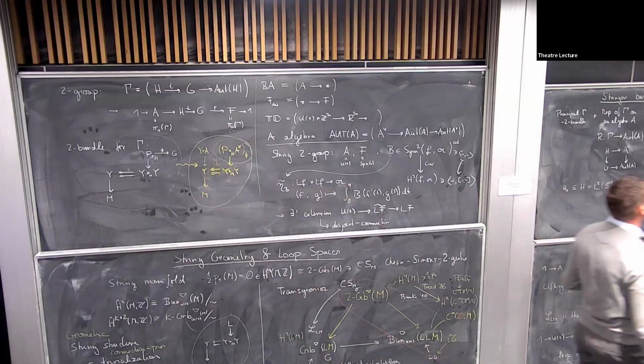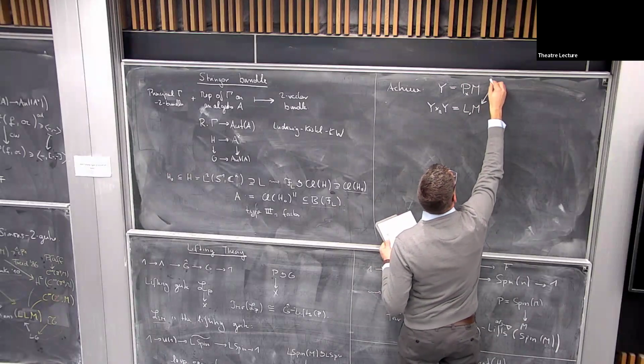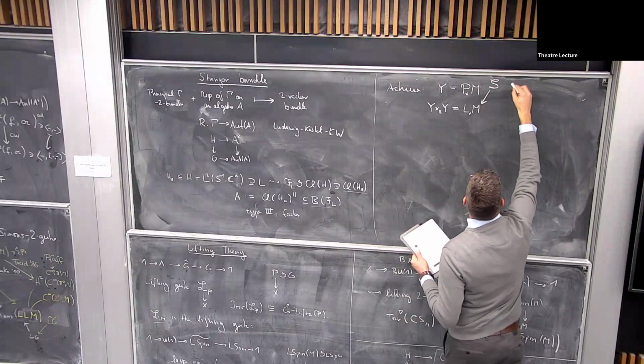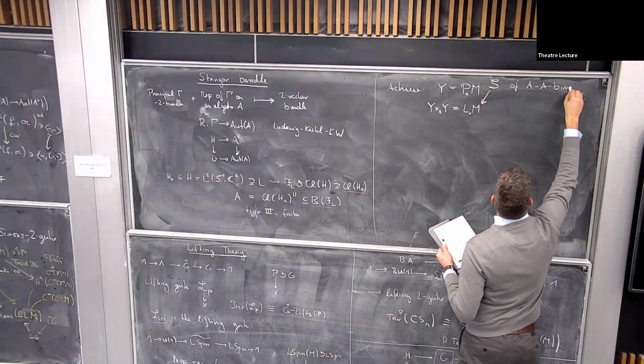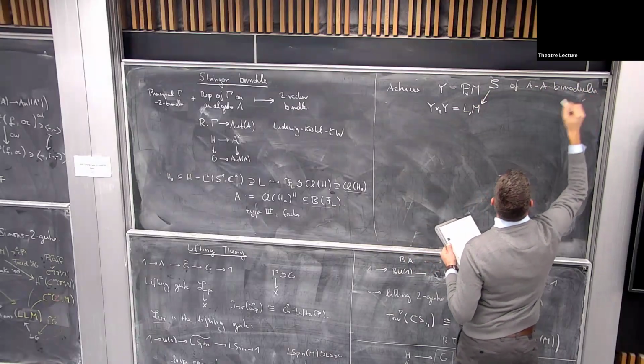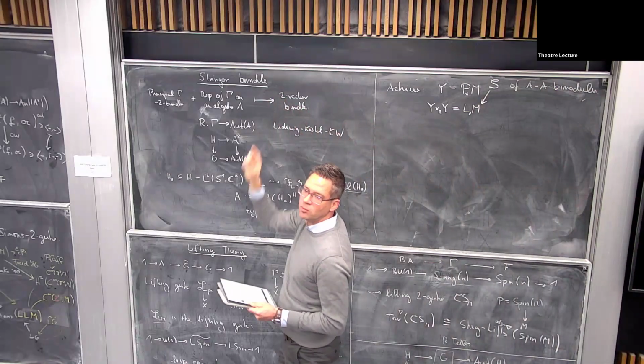Okay? So there is this bundle S of A bimodules on the loop space. That's what Stolz-Teichner called the Stringor bundle on the loop space.